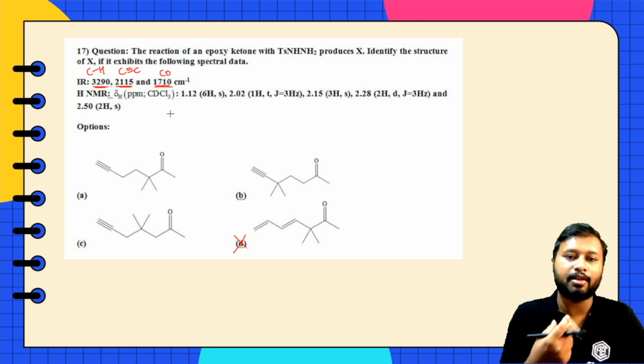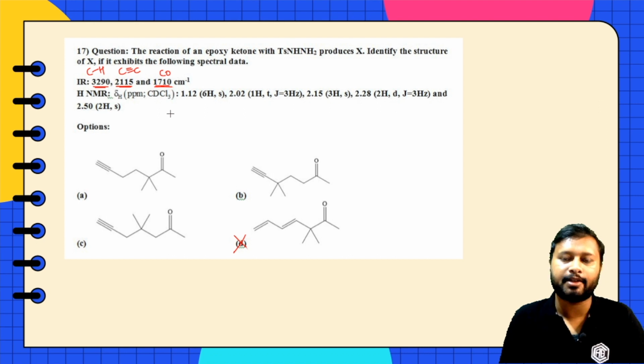The multiplicity or the splitting of the peak is going to help us find out the next thing. First, in all of these molecules you will see that there is a 6 hydrogen singlet, there is a 1 hydrogen triplet with J equal to 3 Hz, then you have a 3 hydrogen singlet at 2.15, which means that this is a methyl group, a CH3 group attached to something electronegative.